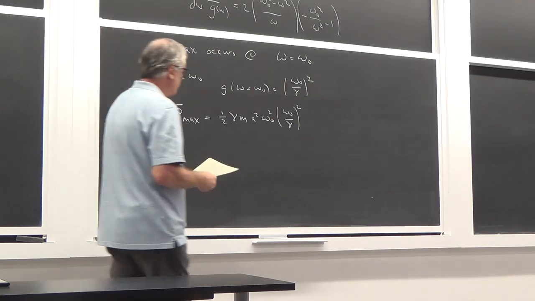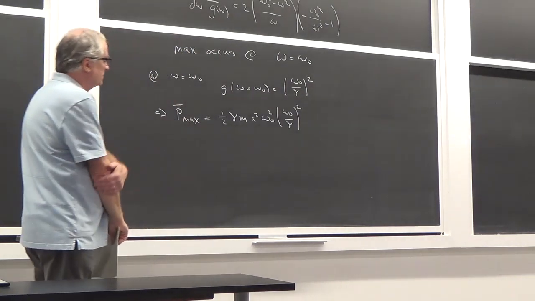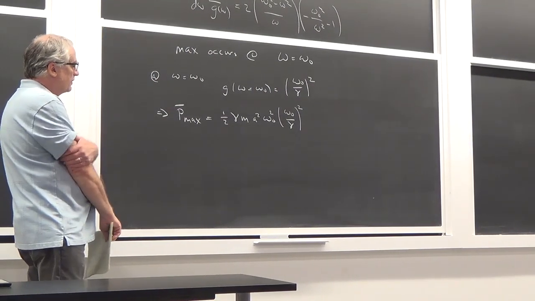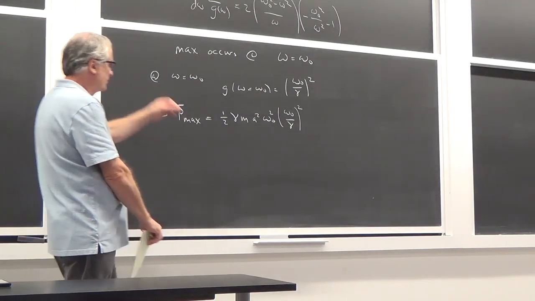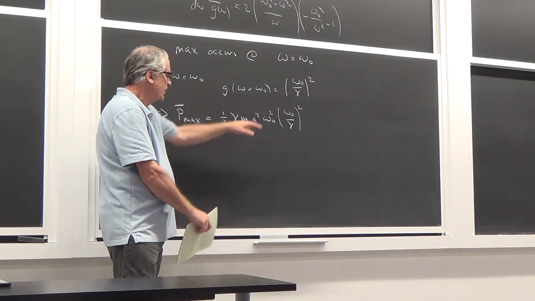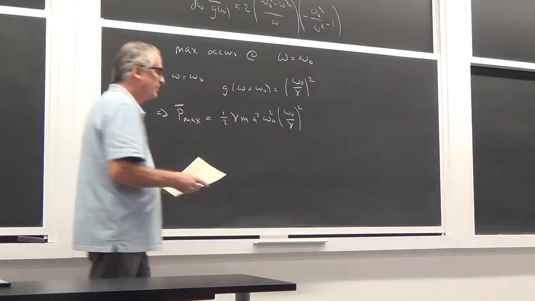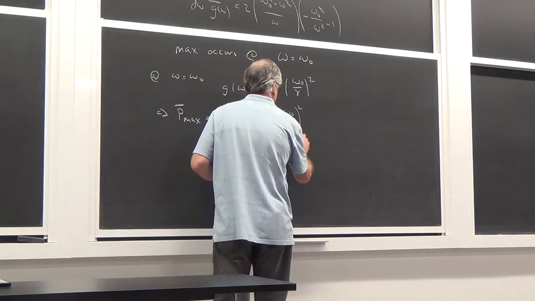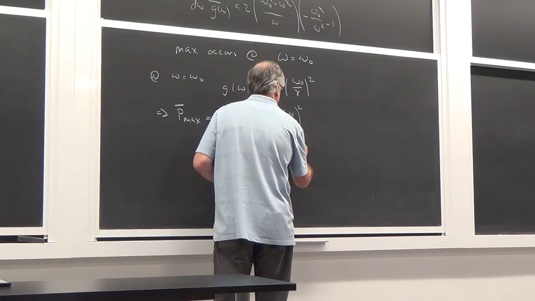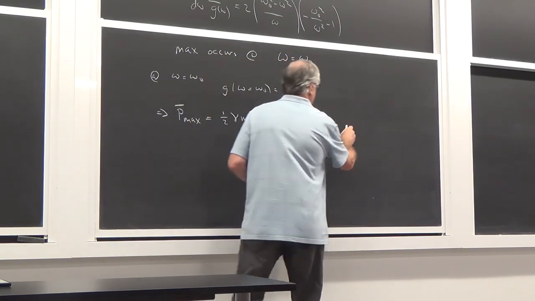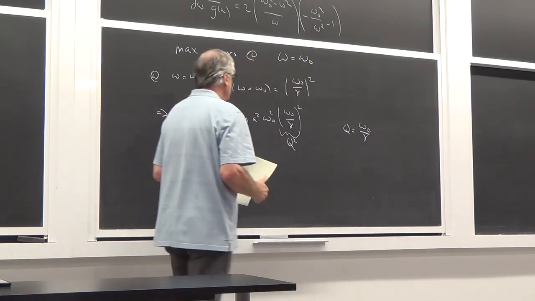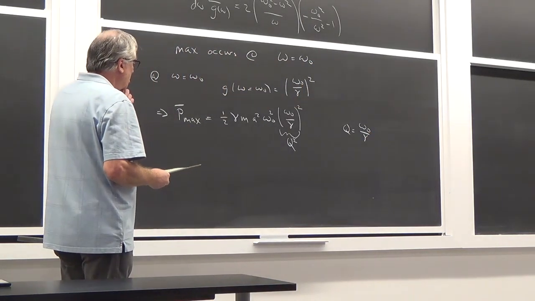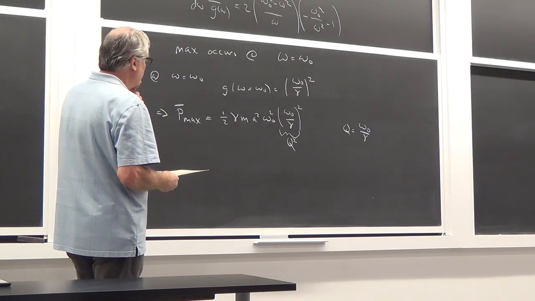See that? So I can rewrite this. Yeah, it looks a little complicated. It has both gamma and omega naught, but if I remember that omega naught over gamma is just Q, that gets that part out.